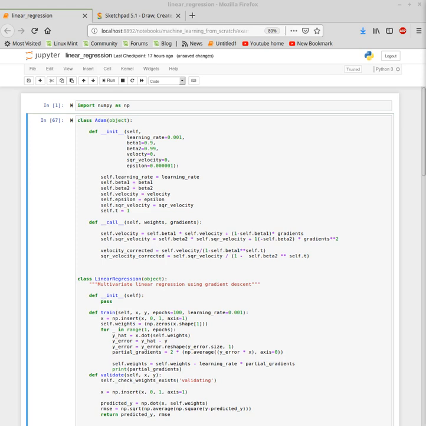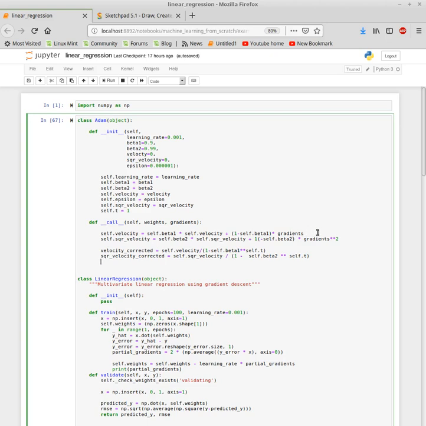So the velocity corrections will correct the velocity during the initialization. For example, in the first iteration, self.velocity is equal to 0. So it'll be 0.9 times 0 plus 0.1 times the gradient, which is going to be equal to 0.1 times the gradient.